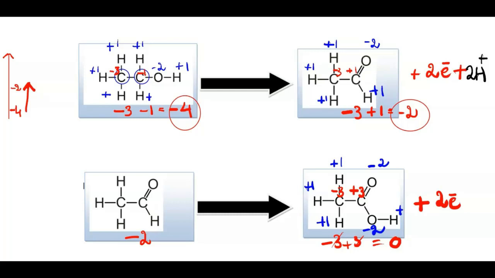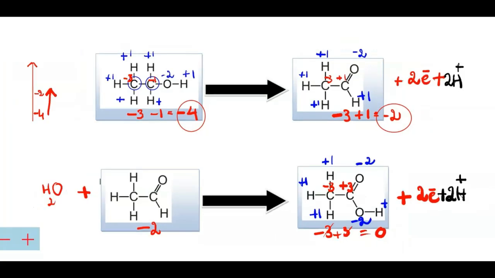How can we balance the number of hydrogen? Hydrogens are actually equal. We need to balance oxygen. To balance oxygen, we can add a water molecule. One oxygen is extra here, so we add a water molecule. Now we need to balance the hydrogen of the water molecule, so we can again add 2 hydrogen ions, right?